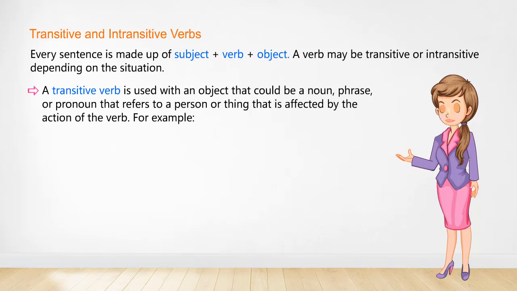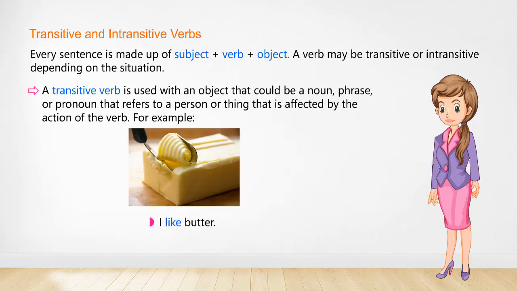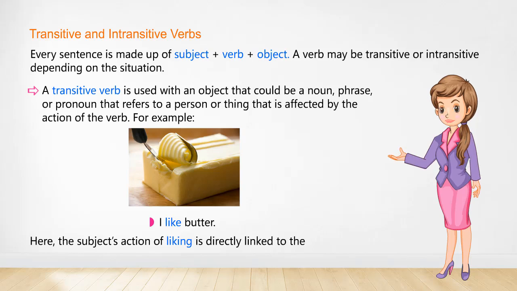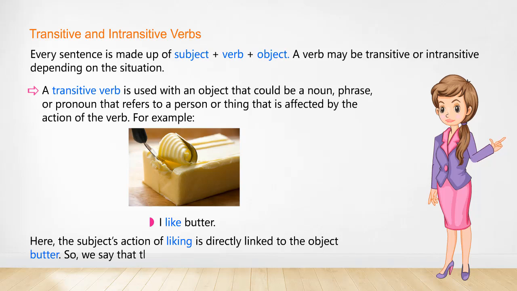For example, I like butter. Here, the subject's action of liking is directly linked to the object butter. So, we say that the verb is transitive.